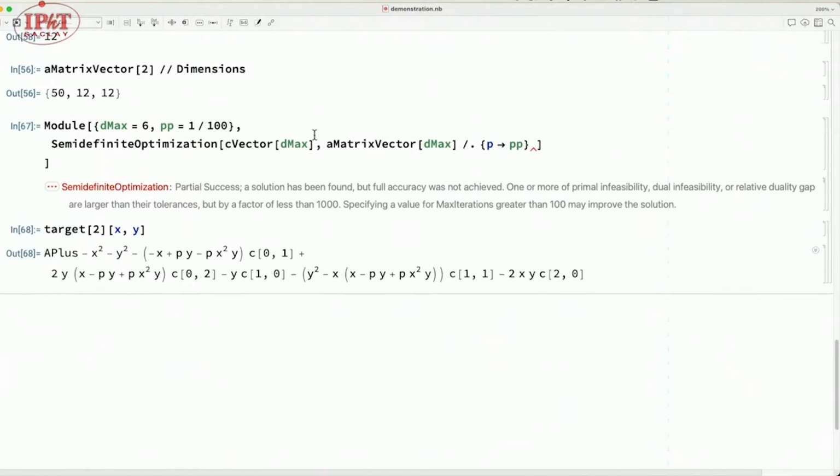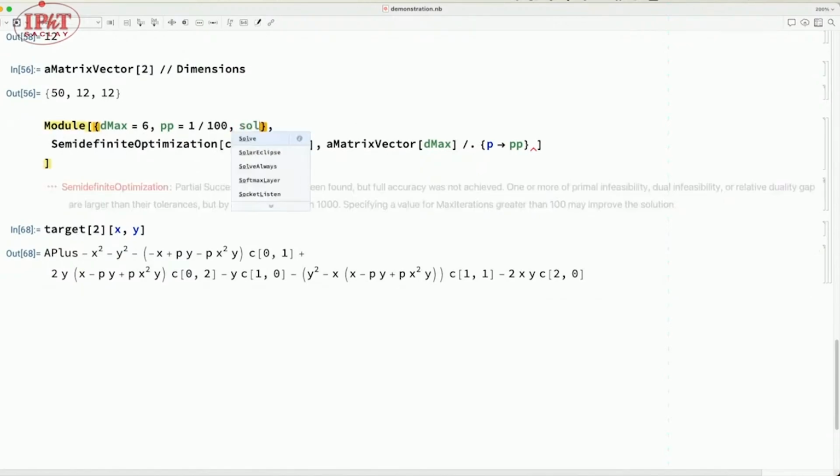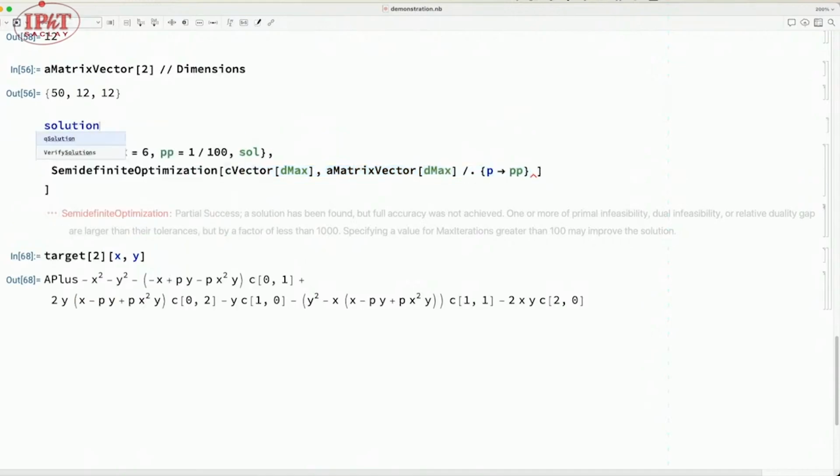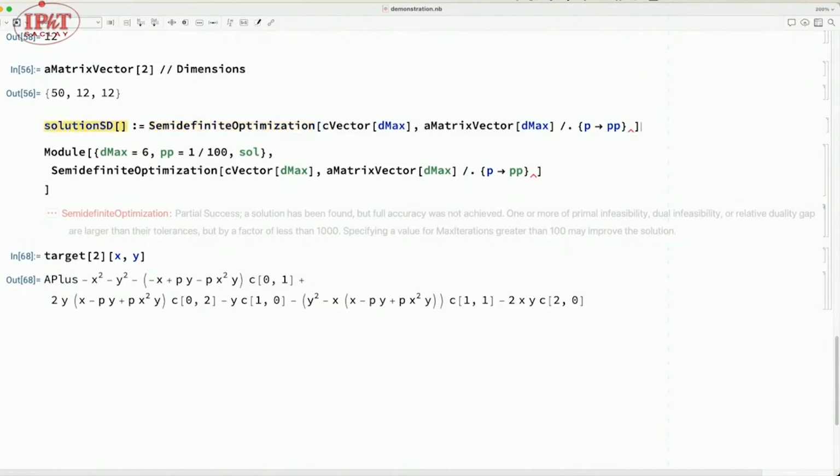So now we need to take the solution of the semi-definite optimization. So define a function solution semi-definite, which is this vector.